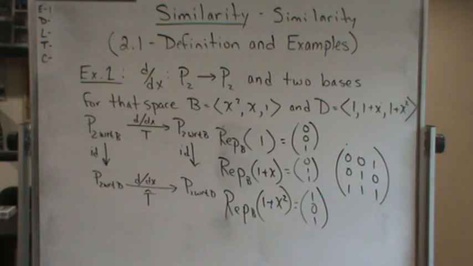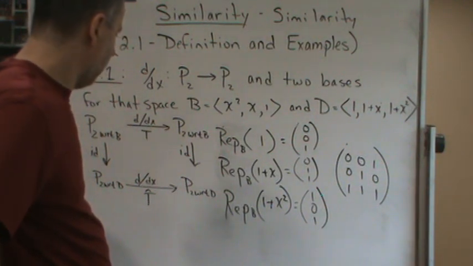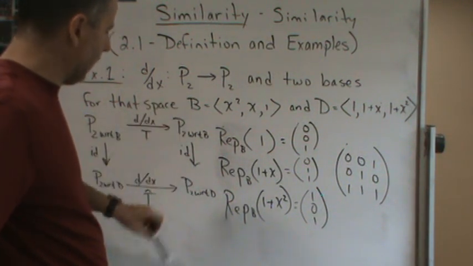Okay? The other option to compute the matrix for going up on the left side is to take the inverse of the matrix P for going down on the right side. So we could take the inverse of P here.